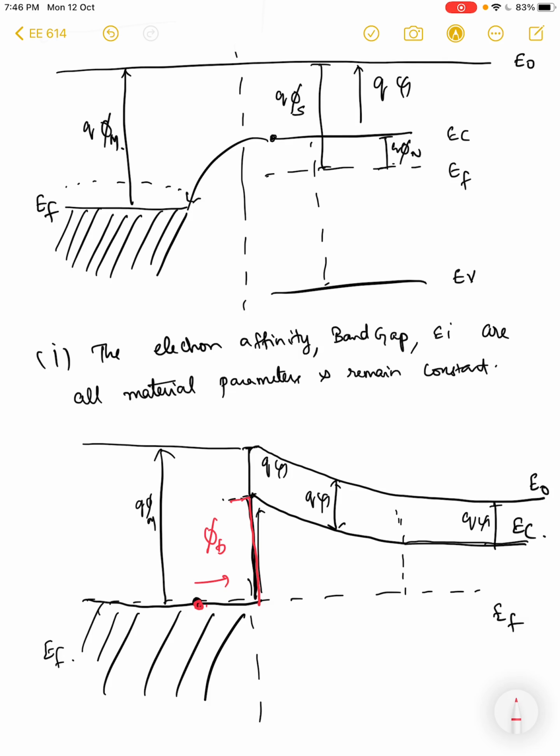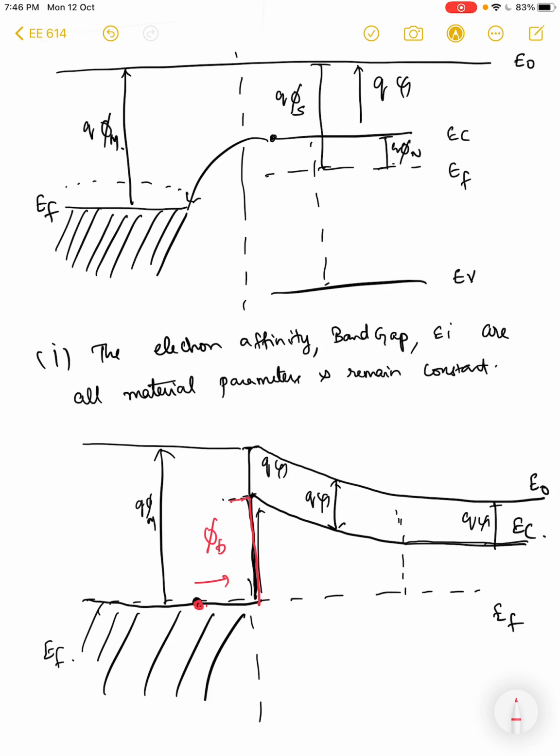So at the interface also it has to be chi, and the metal work function does not change, right? So your actual Schottky barrier, so this is what is called a Schottky barrier, is an intrinsic material parameter depending only upon the metal work function and the electron affinity in the first order treatment that we have currently seen, right?